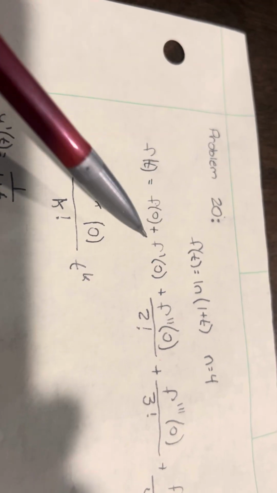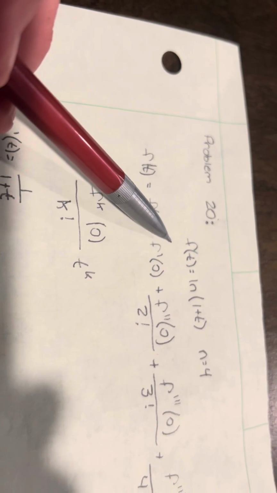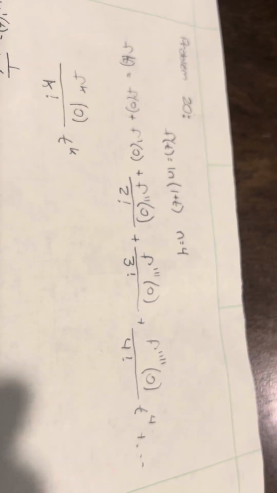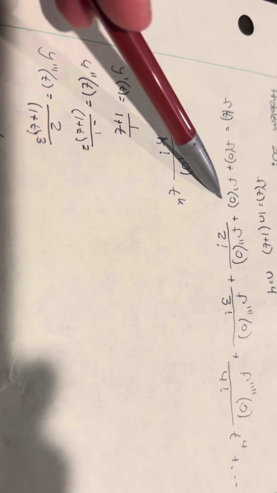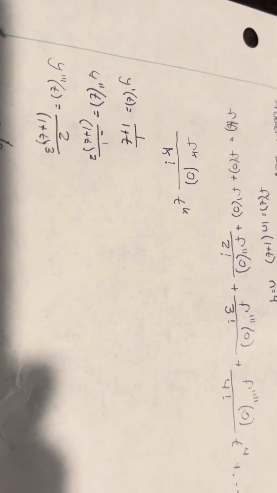Now, going back to our equation, we have f prime, f double prime, f triple prime, and so on. What we want to do is plug in 0 as t into our equations and see what those equal. So y of 0 equals ln of 1, and that just equals 0.